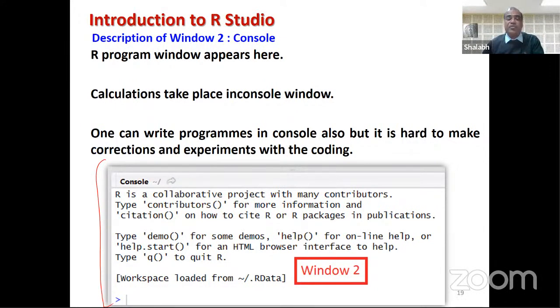If you start the R software separately, this is the first window that appears over there. This is called the R console. The R console is the place where whatever calculations you want to do are typed and executed here.